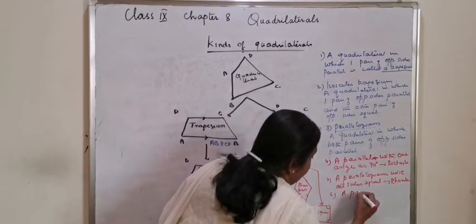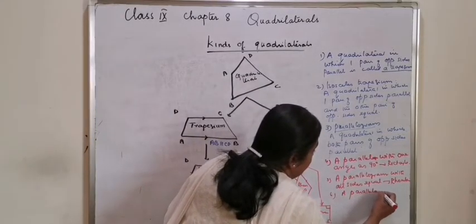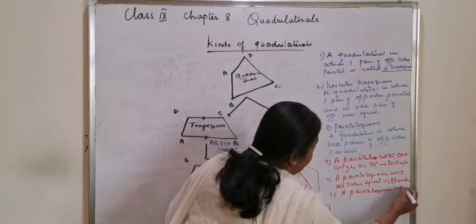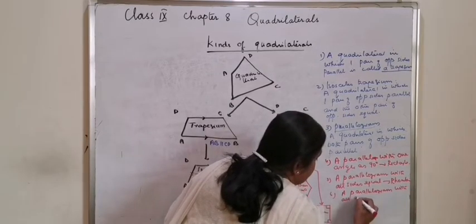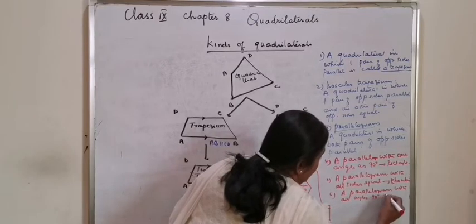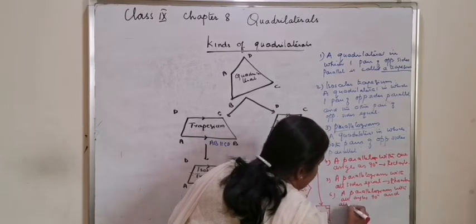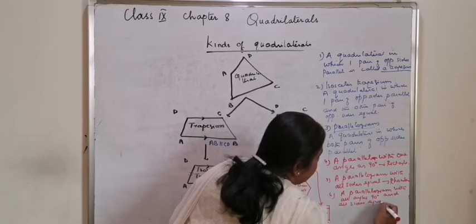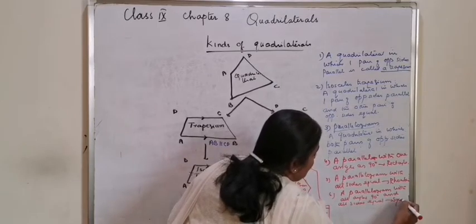A parallelogram with all angles 90 degree and all sides equal in length is termed as a square.